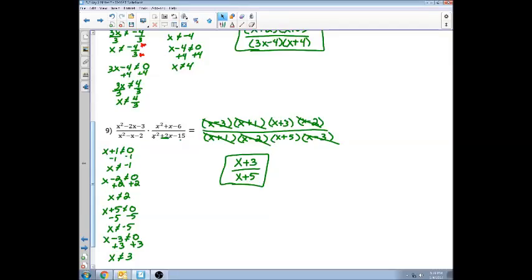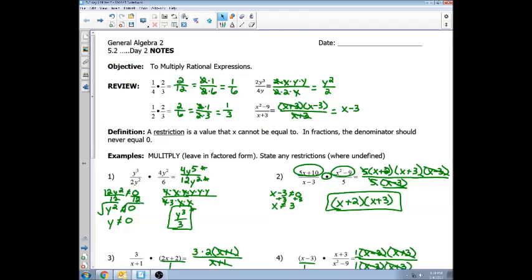The first step in any of these problems is to make sure everything is factored. Once everything is factored as far as I can get it, then I need to find my restrictions. Once I have my restrictions, then I can go ahead and cancel out anything that's in the numerator that is also in the denominator.